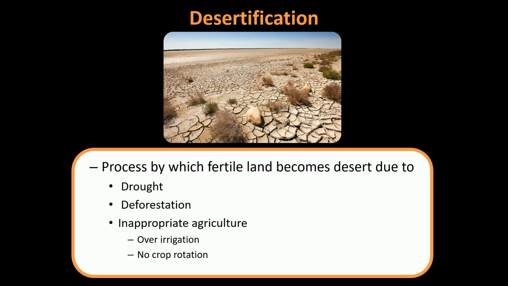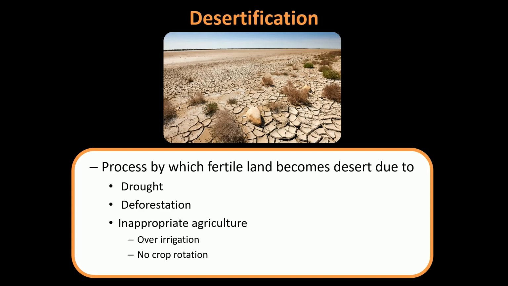And if you just use the same crops over and over again, they pull the same nutrients out, and then eventually all those nutrients are gone, and that soil can no longer support virtually any kind of plant life. So only very, very few types of plants can possibly grow there anymore, and you're going to have conditions more like a desert, where plant life is very, very sparse.